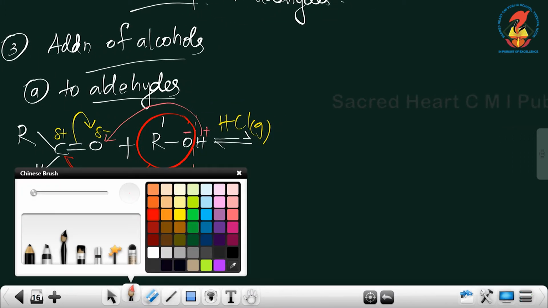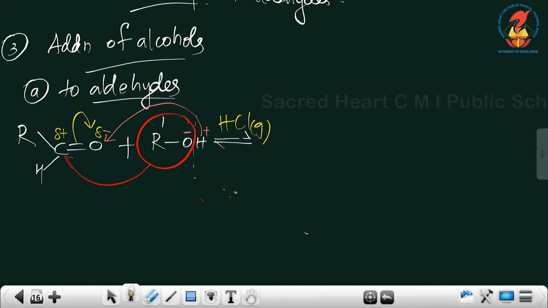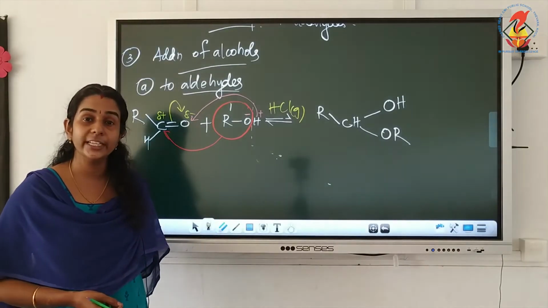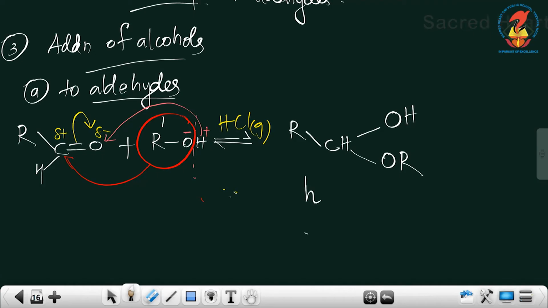Look here and write R, C single bond H can be written as CH, double bond O will become single bond O. H plus is attached to oxygen, so it becomes OH. Now, OR group is attached to carbonyl carbon. This is the first intermediate we are getting. This is what we call hemiacetal.